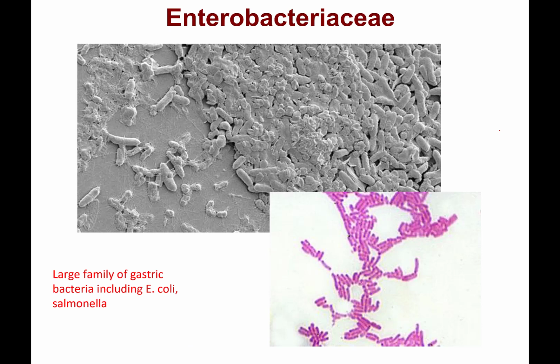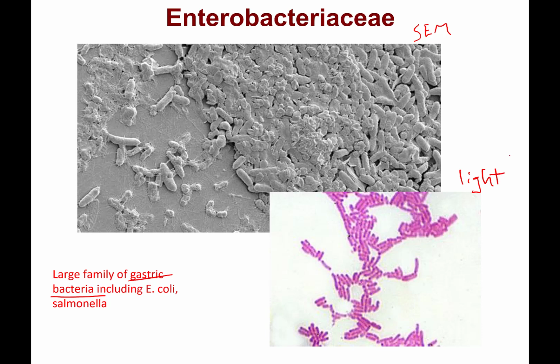As our example of a gram-negative bacteria, we have Enterobacteriaceae. As I said earlier, this is a family of gastric bacteria or gut bacteria. It includes Escherichia coli, or E. coli, and Salmonella species. Here again we have SEM, and then this is our light microscopy picture.